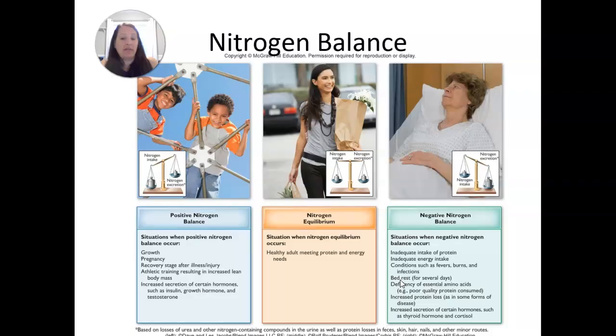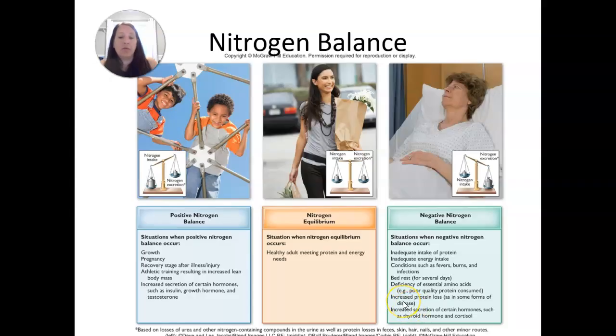Individuals with negative nitrogen balance could be those who are on bed rest for several days, so individuals who are limited with mobility for whatever reason. Again, it could be a disease. Deficiencies of amino acids: if an individual is taking in food, but they're taking in poor quality protein, they could end up in a negative nitrogen balance.